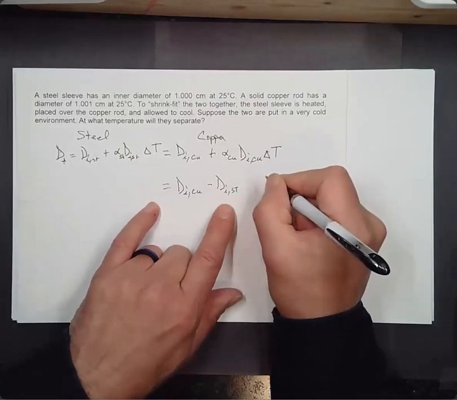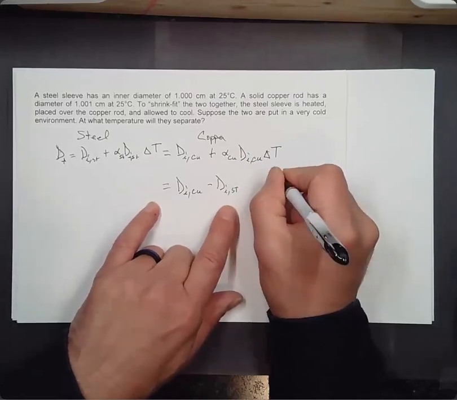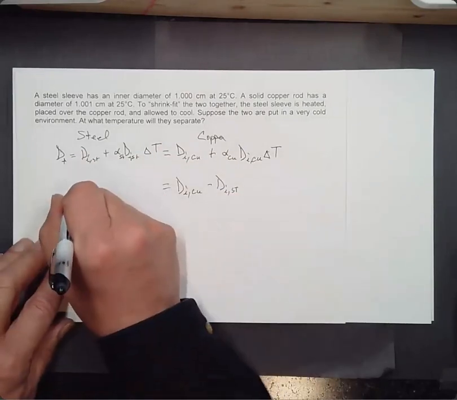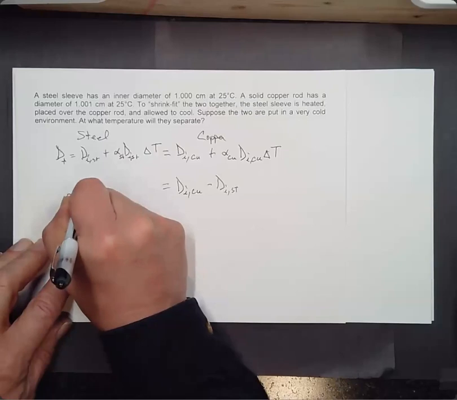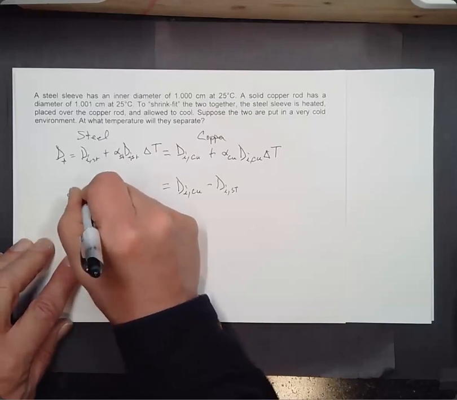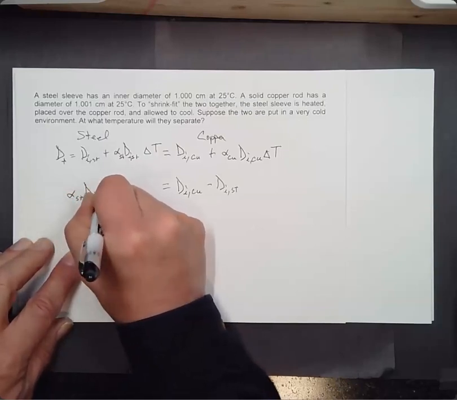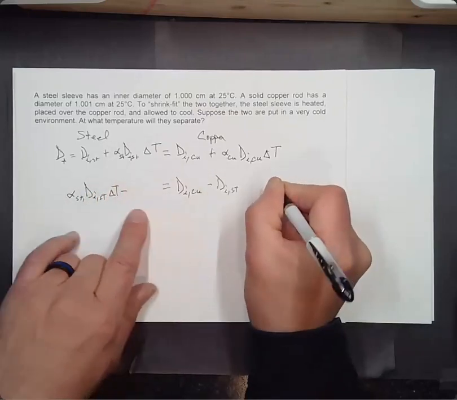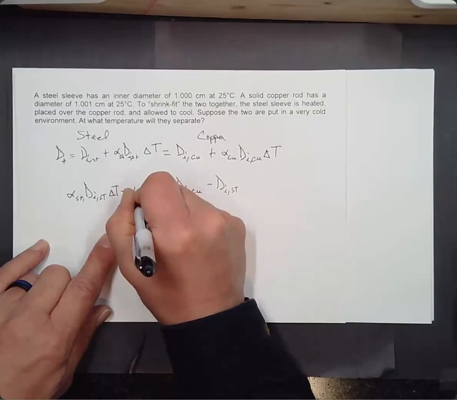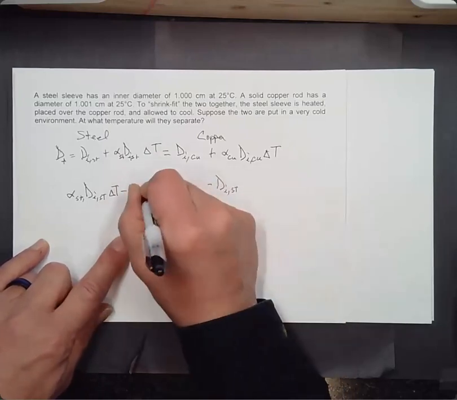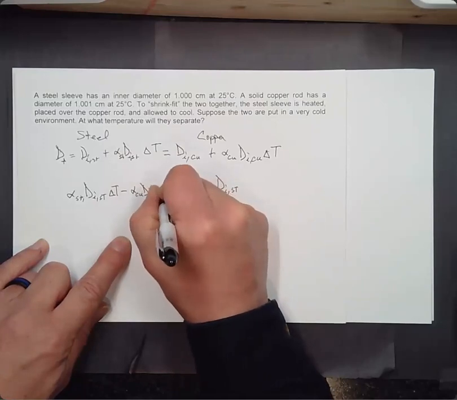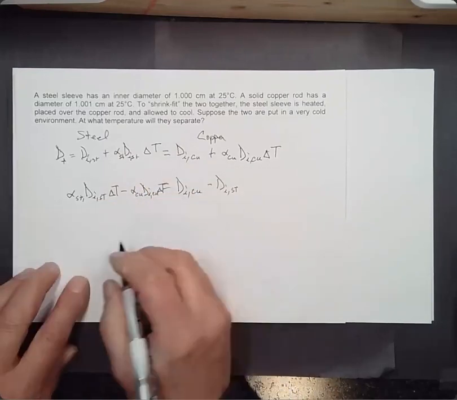And then I think I'll take the delta T's to the other side. So I'd have alpha for steel, D initial for steel, delta T minus alpha for copper, D initial for copper, delta T. Factor out the delta T.